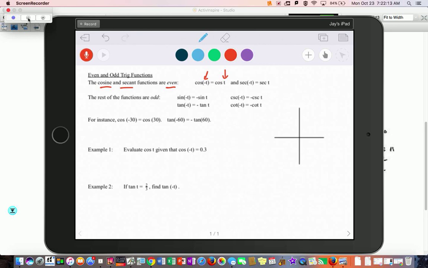Odd functions, the rest of them are odd, so you can see that sine and cosecant and tangent and cotangent go together. But the idea is, if you're doing a negative input into sine, you can go ahead and do the sine of that positive input and just put a negative in front.